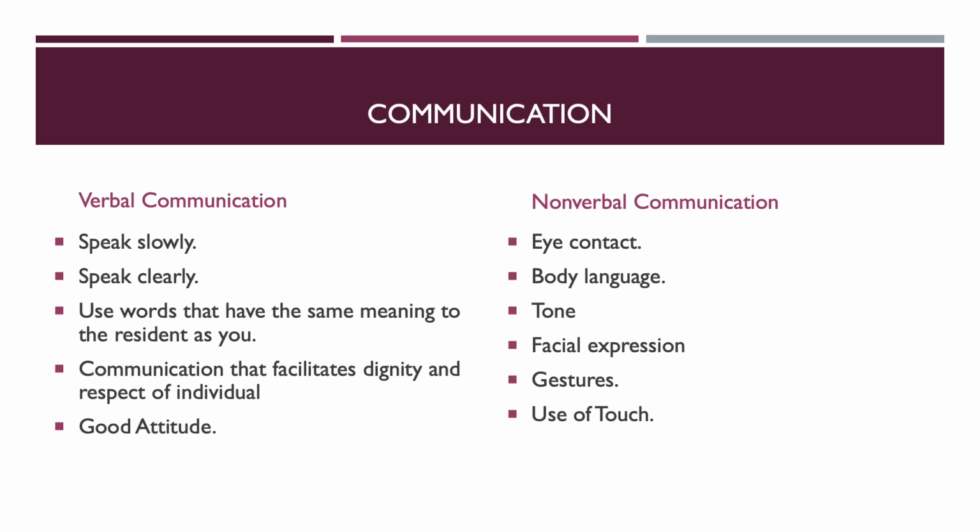Our verbal communication is what a lot of people know and think of. Speaking slowly, speaking clearly, using words that have the same meaning, and communicating in a way that is facilitating and showing dignity and respect to our patients, making sure you have a good attitude. So all of these are going to be really important parts of communication.